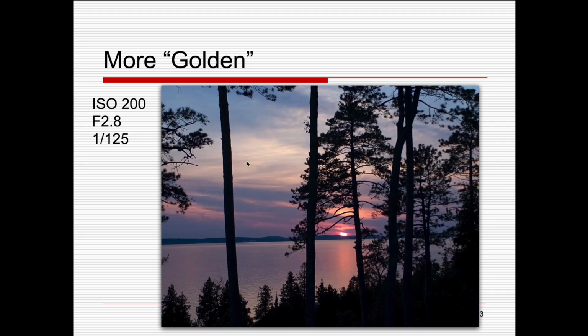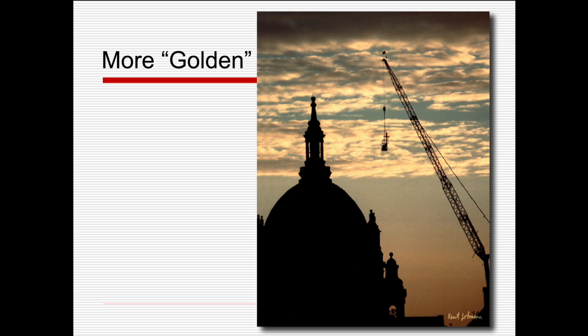I would have been metering in this area right here so that the sky was correctly exposed, leaving all the foreground trees in silhouette. I'm using 125th of a second because that was my indicated exposure on a tripod, and I really didn't need a tripod, but I needed both my hands to swat the mosquitoes that were trying to carry me off here.